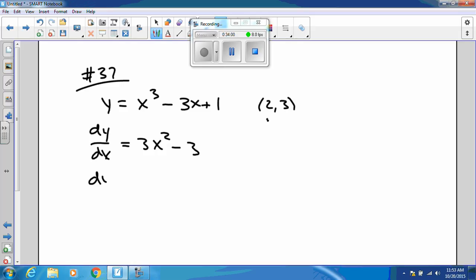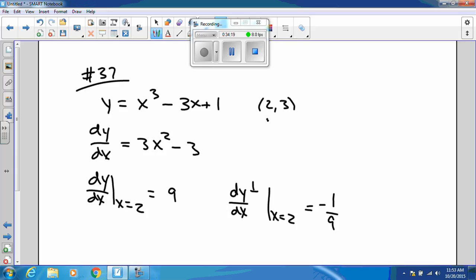And in particular, at the point x equals 2, dy/dx is equal to 12 minus 3, which is 9. Therefore, I'm going to notate this as dy/dx perpendicular at the point x equals 2 is negative 1/9. And that's it.